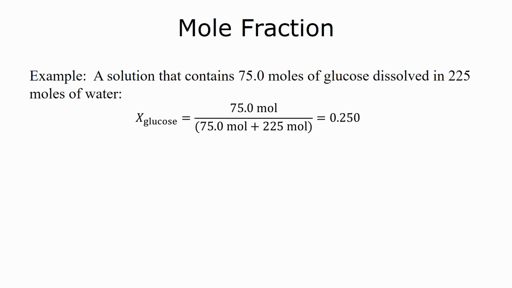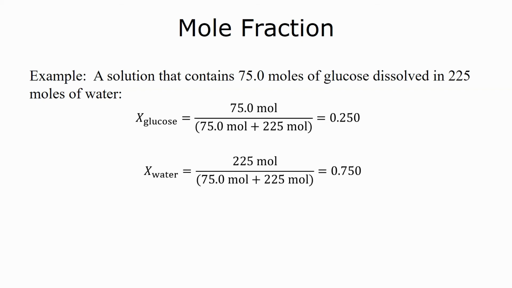Now, with this information, what do we do if we want to calculate the mole fraction of water in this solution? So sometimes we want to calculate the mole fraction of the solvent, and sometimes we want to calculate the mole fraction of the solute. Well, there's two ways we can do this. We can either take the number of moles of the water, divide it by the number of moles total, and we get our answer of 0.750.